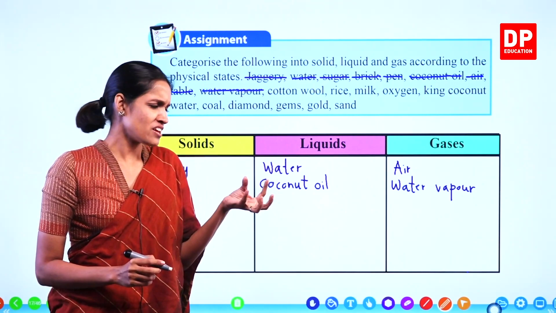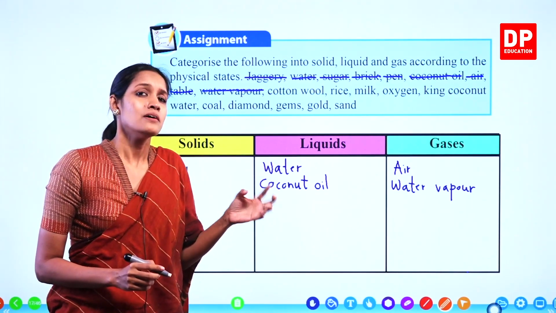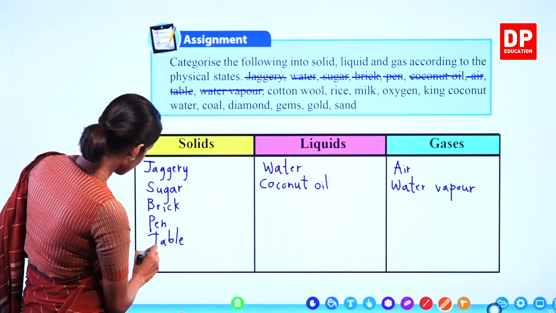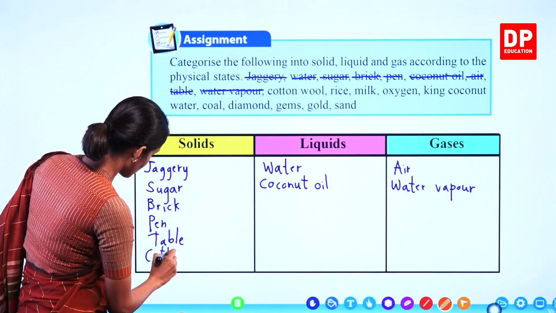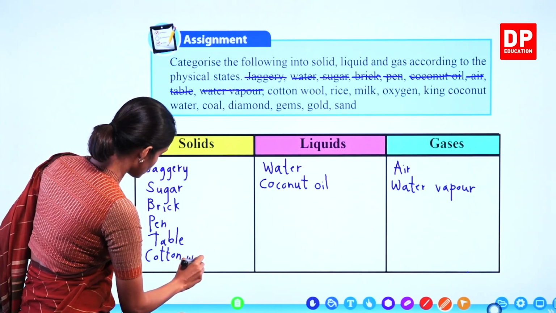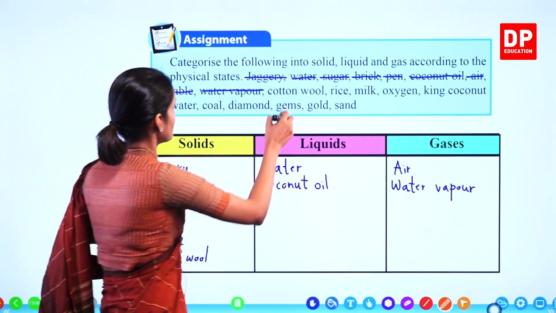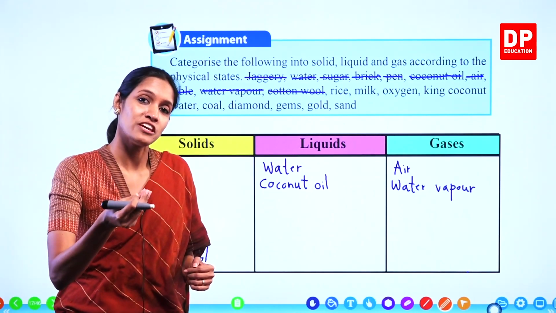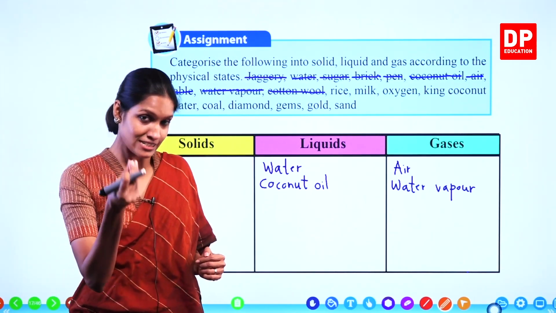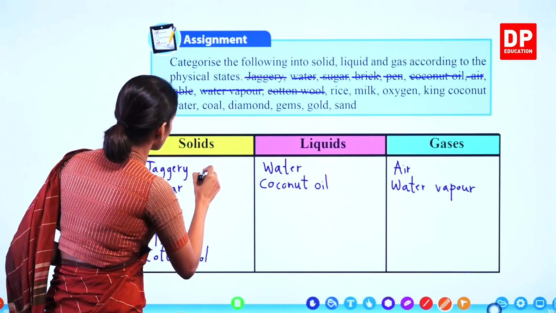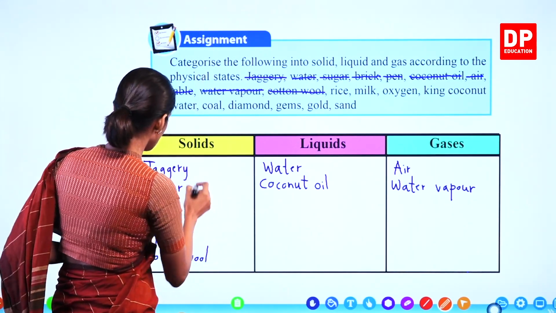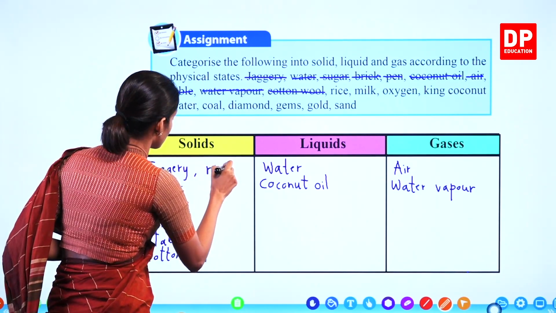Now cotton wool is a very soft thing, very light thing. But still it's coming under solids. Right, children? Rice, we can touch and feel rice grains very clearly, right? Rice is coming under solids.